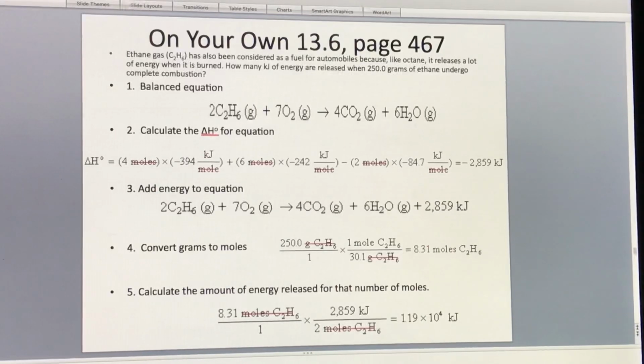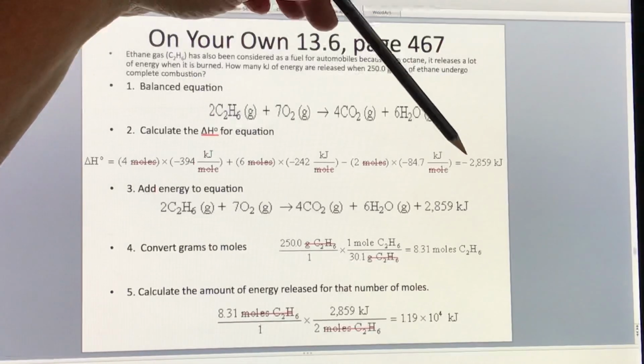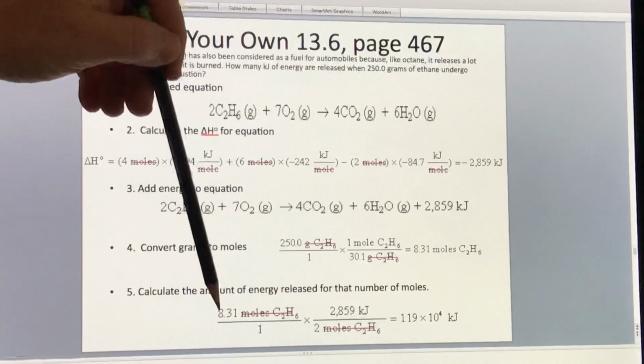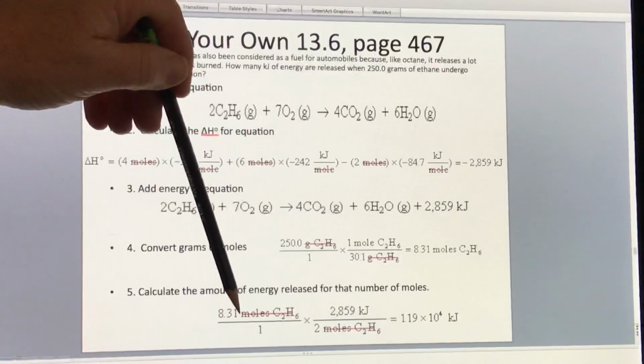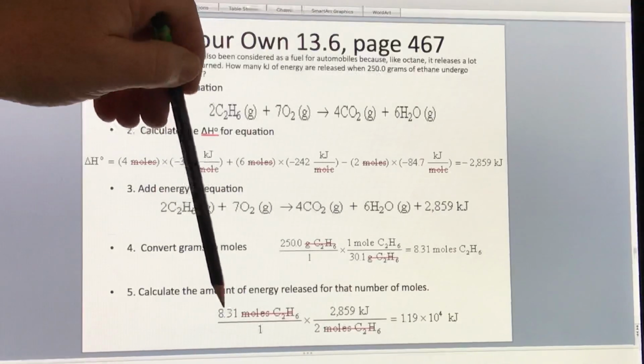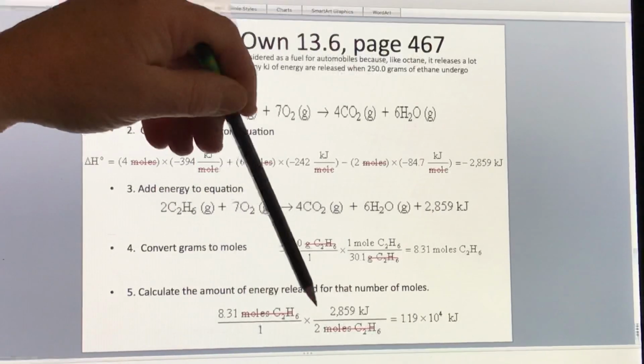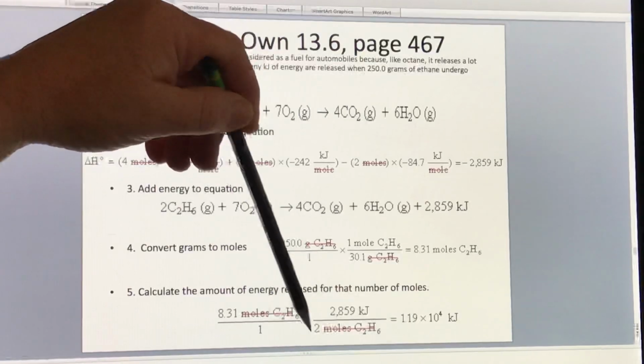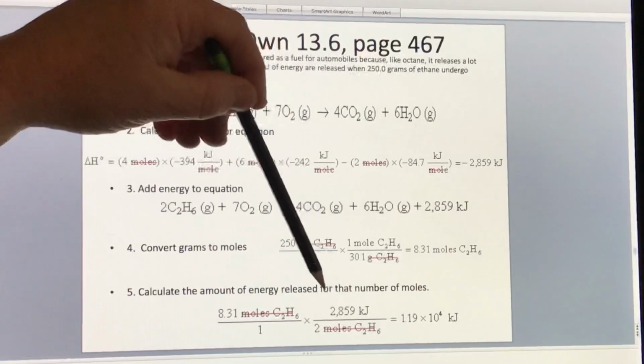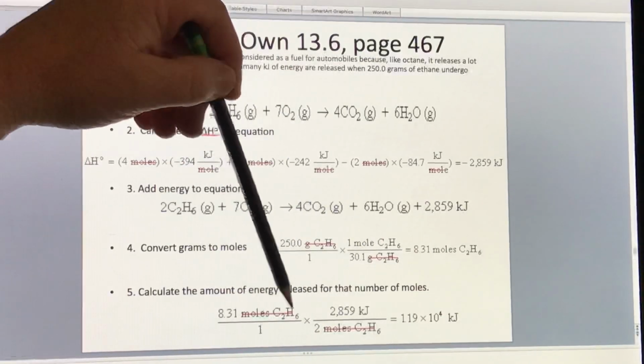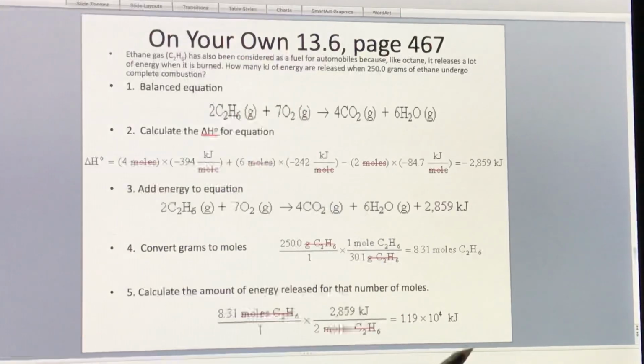Now finally, we know that if we had 2 moles yielding this number of kilojoules, we're asking, all right, well, how many would 8.31 yield? So we're multiplying the 8.31 times this special conversion factor, 2 over the 2,859, and then our answer here is 1.19 times 10 to the 4th kilojoules.